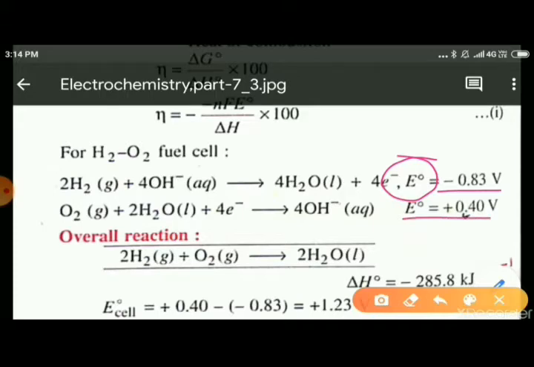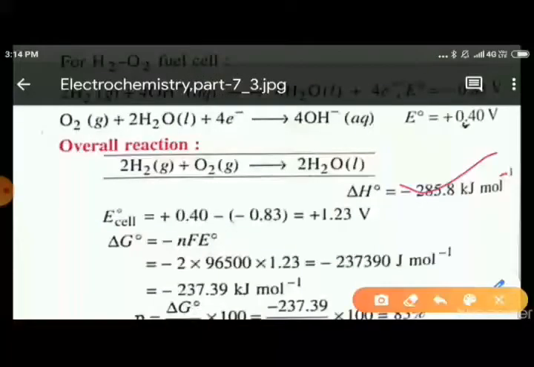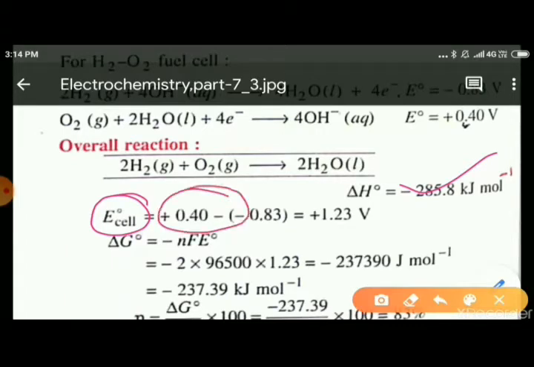So if we add both half reactions, we get 2H2 plus O2 gives 2H2O. To get the standard cell potential, we take the difference of the standard cathode potential and the standard anode potential.